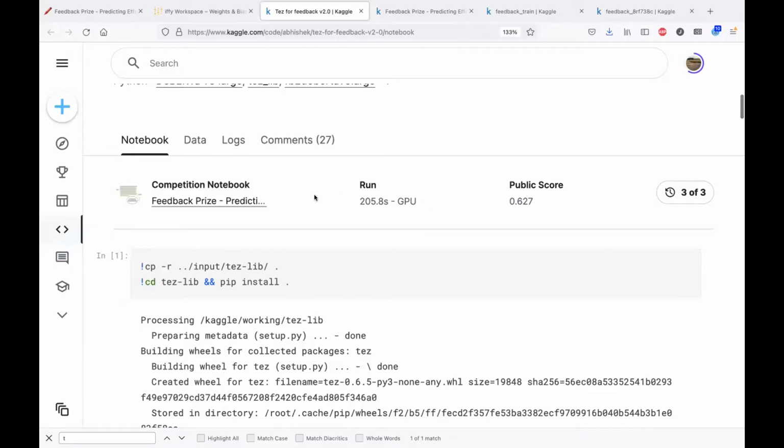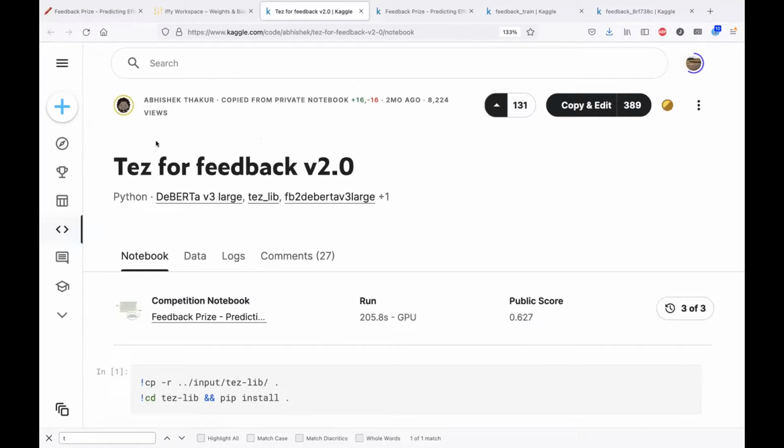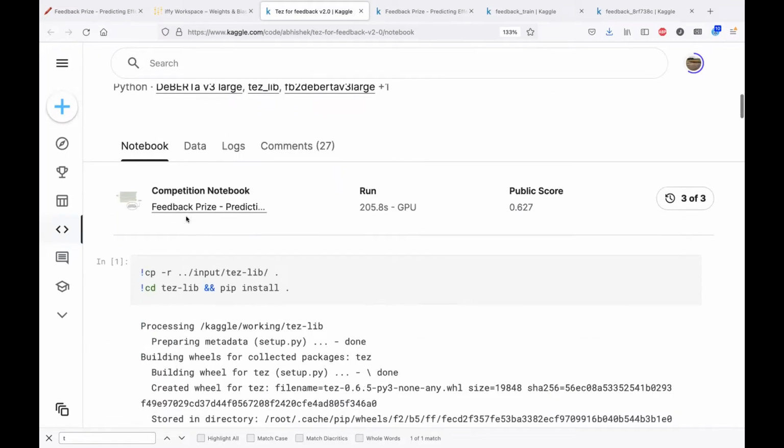So you said he's using an ensemble, you mean he's ensembling different folds of the database? Is that what you mean? Yeah, okay. I'll show you. I've been looking at this notebook by Abhishek Thakur.